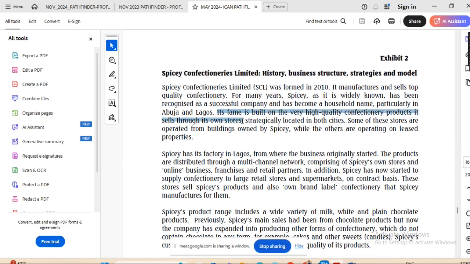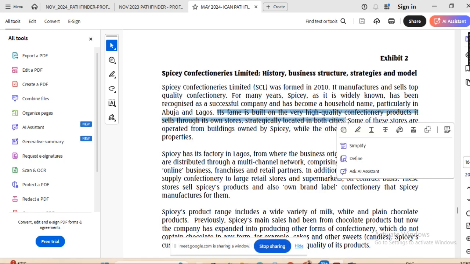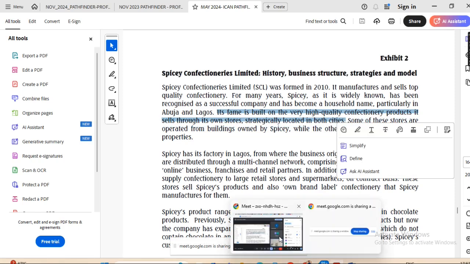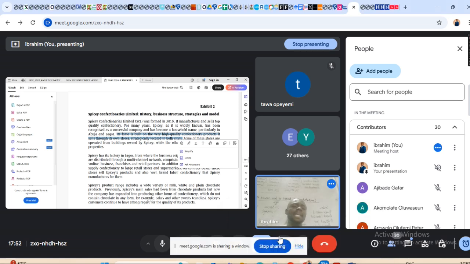It sells through its own stores, strategically located in both cities. High quality, right? So that high quality could be identified as their strength, because when you are producing high quality, what is the implication to the customer? Customers always want a quality product with a lower cost, right? With that, it is a strength.